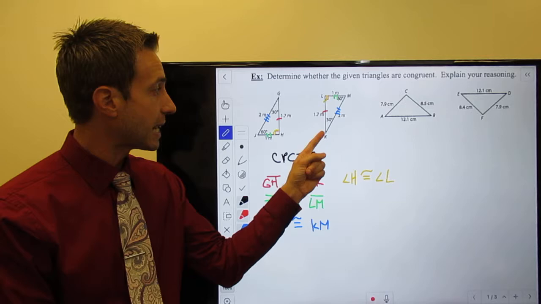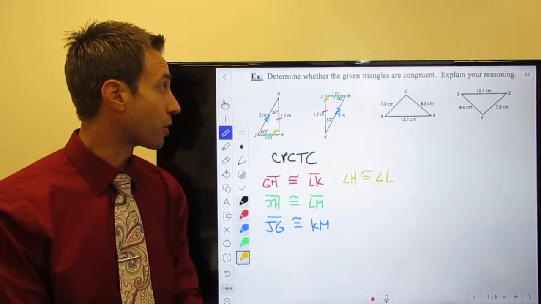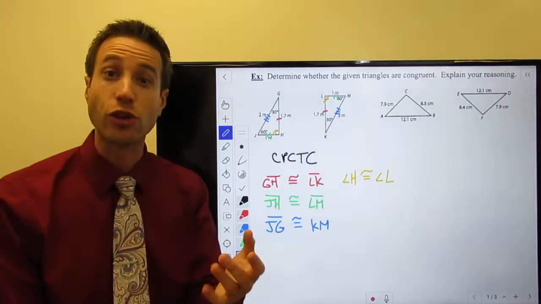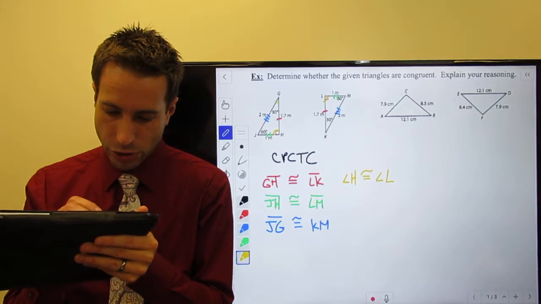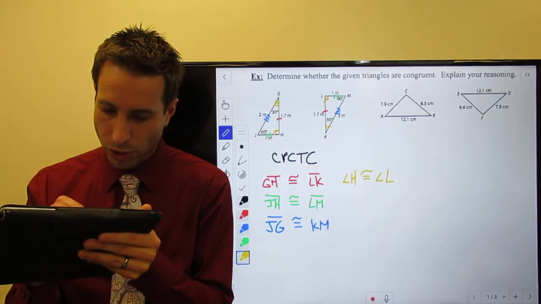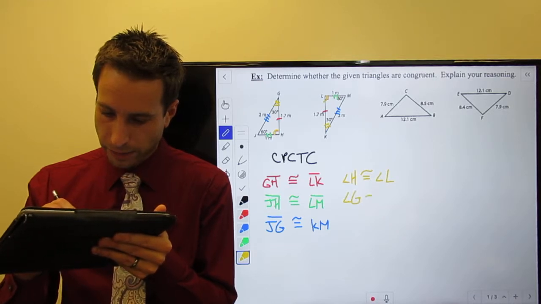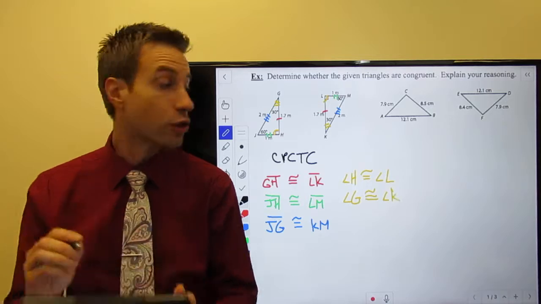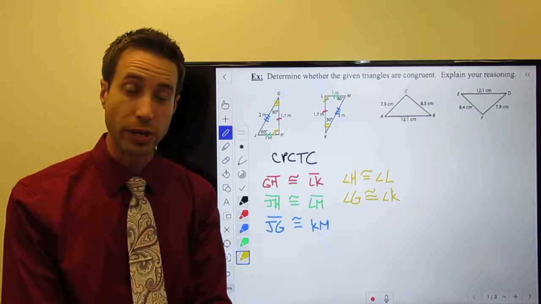Well, angle G and angle K are corresponding angles. Corresponding angles, do they have the same measure? G is 30 and K is 30. So in fact, they do. I'll put the little double arc in there to show that those are my corresponding angles, and they are congruent. Angle G is congruent to angle K. They both have the exact same measure, 30 degrees.